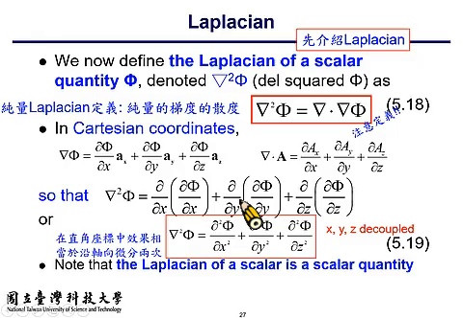And we already know the representation for gradient of phi is this in the Cartesian coordinate system. And the dot product is this.